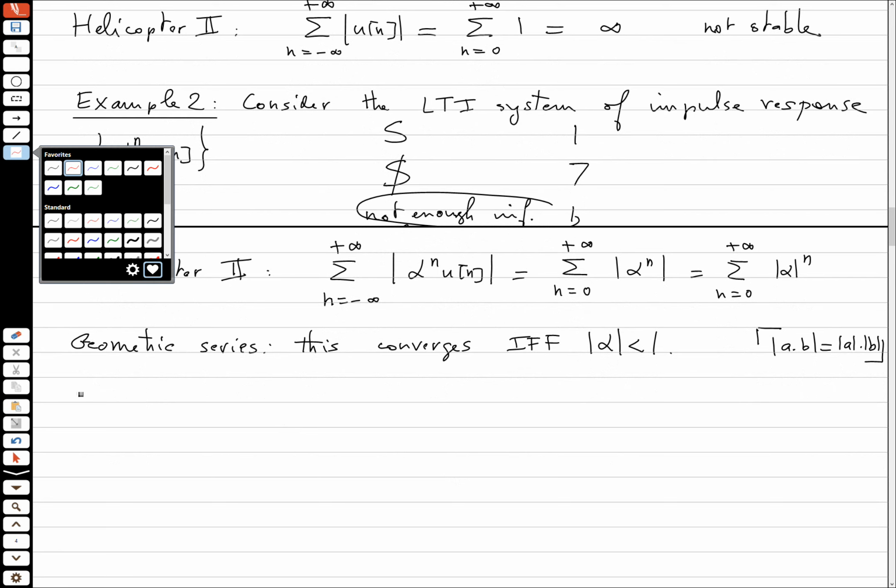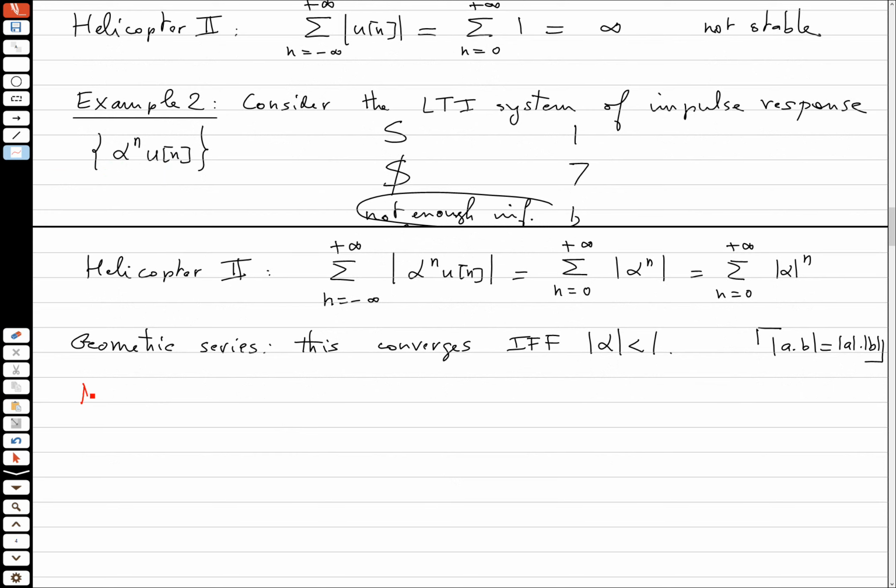Remember that sometimes I teach mistakes? So here a typical mistake is students who say that this converges if and only if alpha is less than 1.